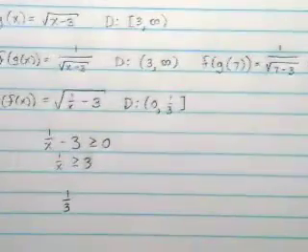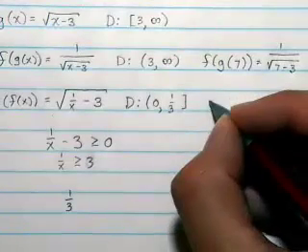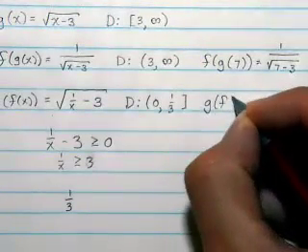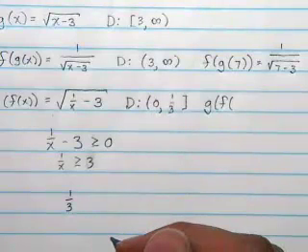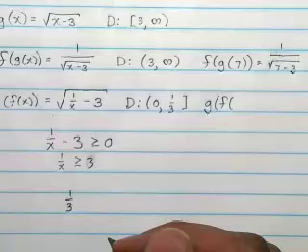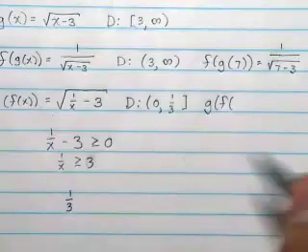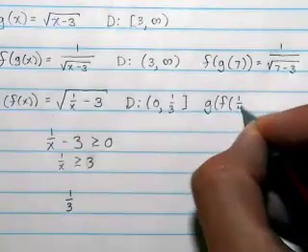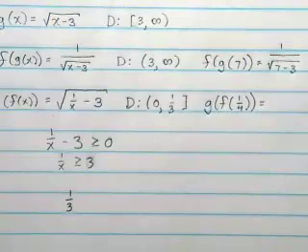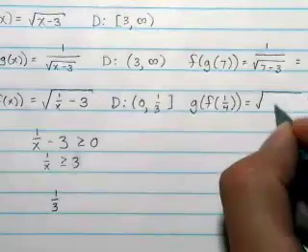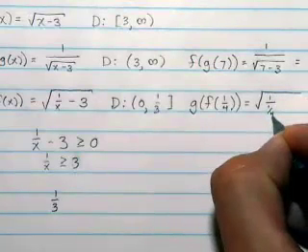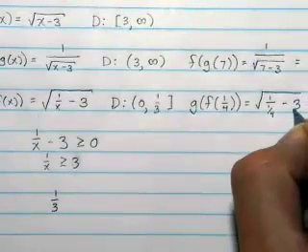Okay, then let's say I also wanted to do g of f of, now this one I got to choose something that's between 0 and 1/3, so let's do 1/4. That's between it. So I have the square root of 1 over 1/4 minus 3.